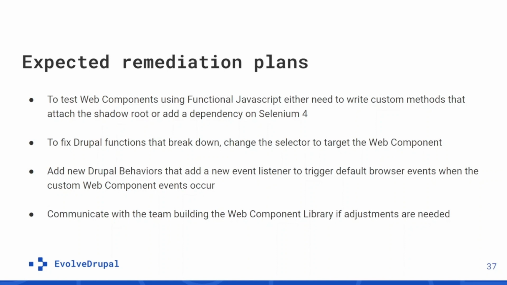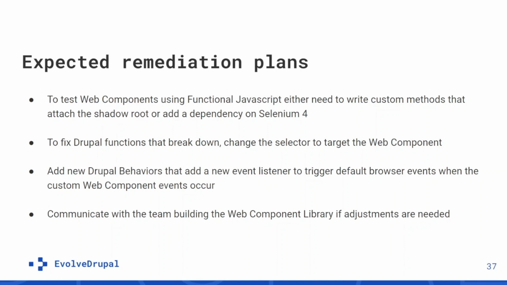But I would recommend, if you do start using web components and you need to fix your functional JavaScript tests that are now failing, you have to write new tests that include a method that attaches the shadow root and then can find the selectors it's looking for. There is a method for this in native JavaScript. You just adjust your tests.